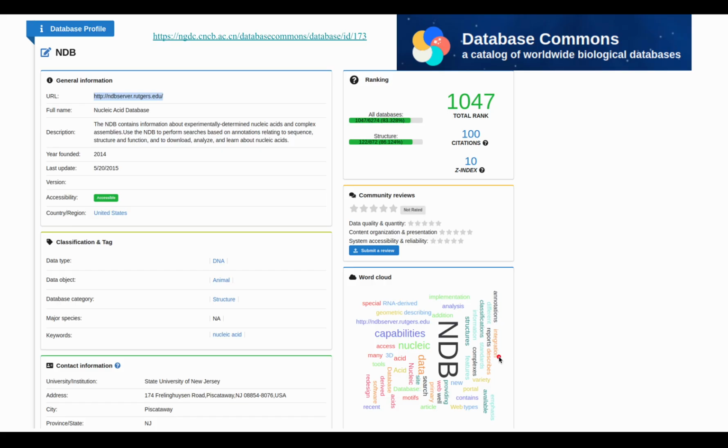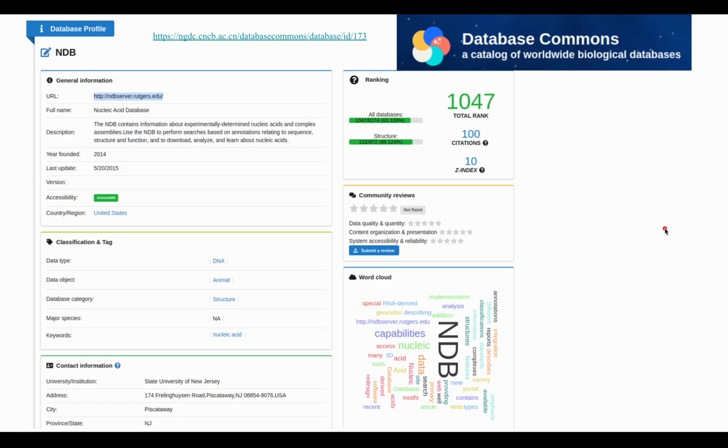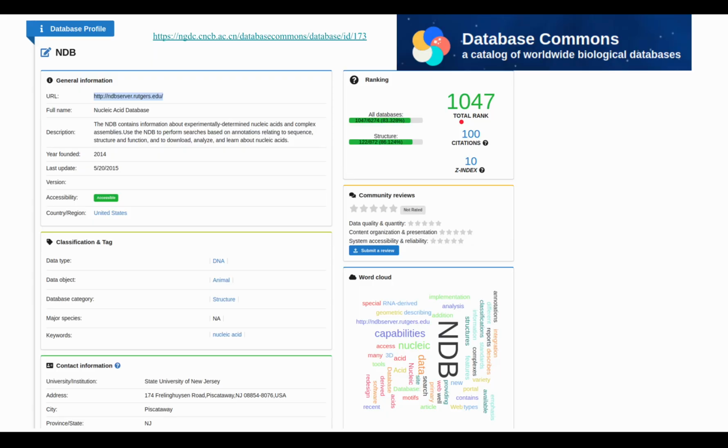I also want to tell you that currently this database portal is not working. So I have seen Database Commons, which is a repository that keeps information on different biological databases. If you're not able to find this database, you can search for it in Database Commons. It will provide you the URL that can take you to this nucleic acid database or other databases.